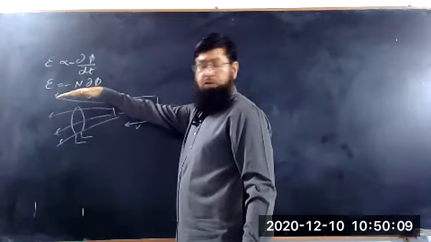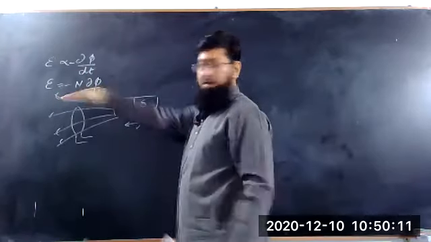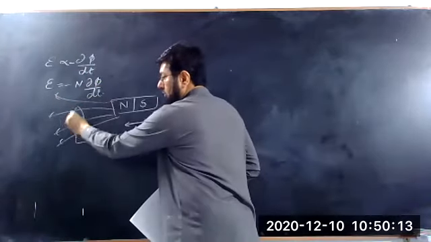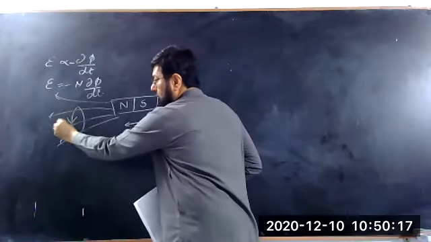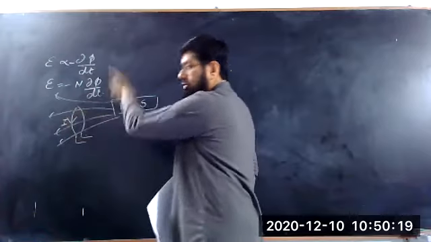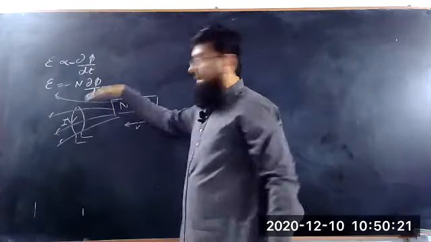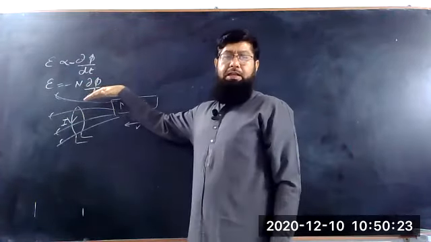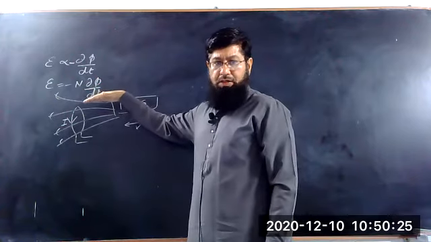This shows the direction of the induced current. So the current is produced in this direction. This is the induced current, and in this case it is anti-clockwise, or counterclockwise.